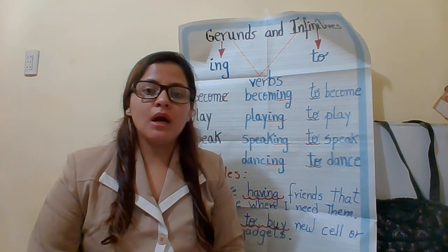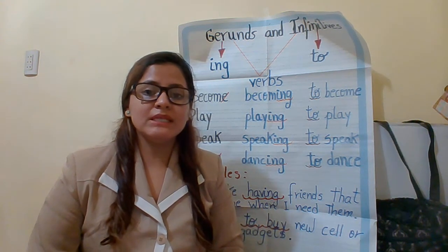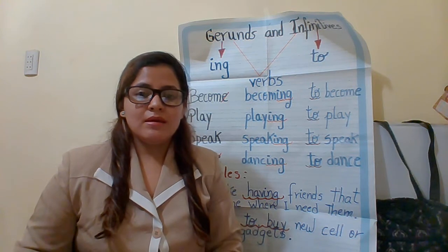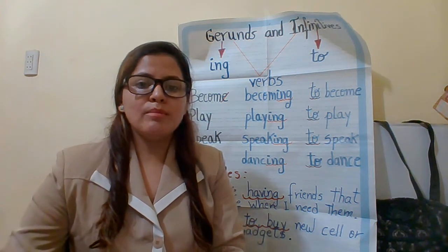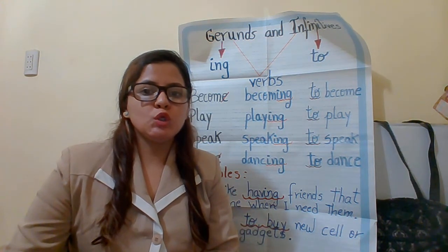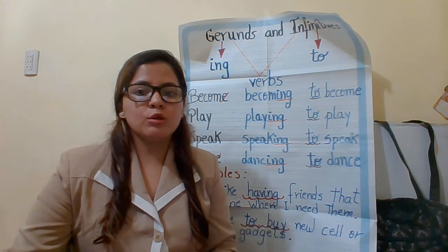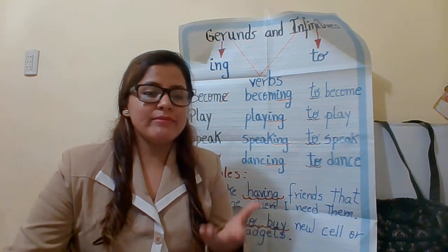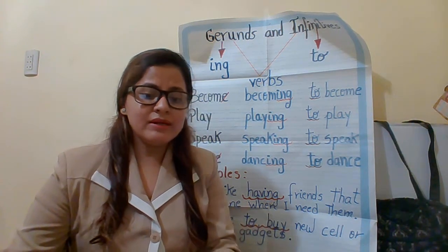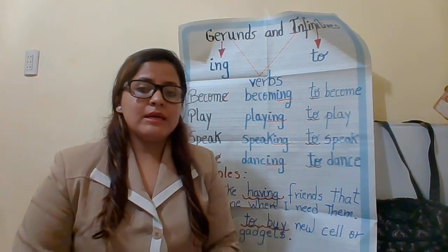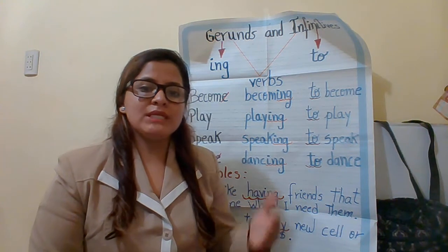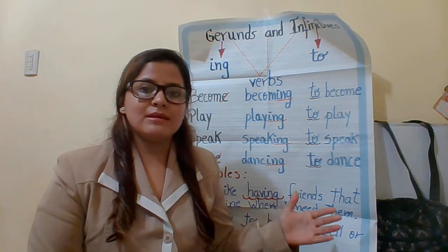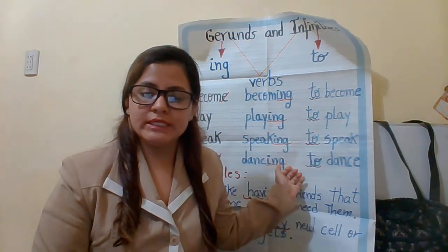I'm going to talk about my first lesson plan. In this moment, I'm going to explain how I will take my class. First, I'm going to explain the class through this poster.